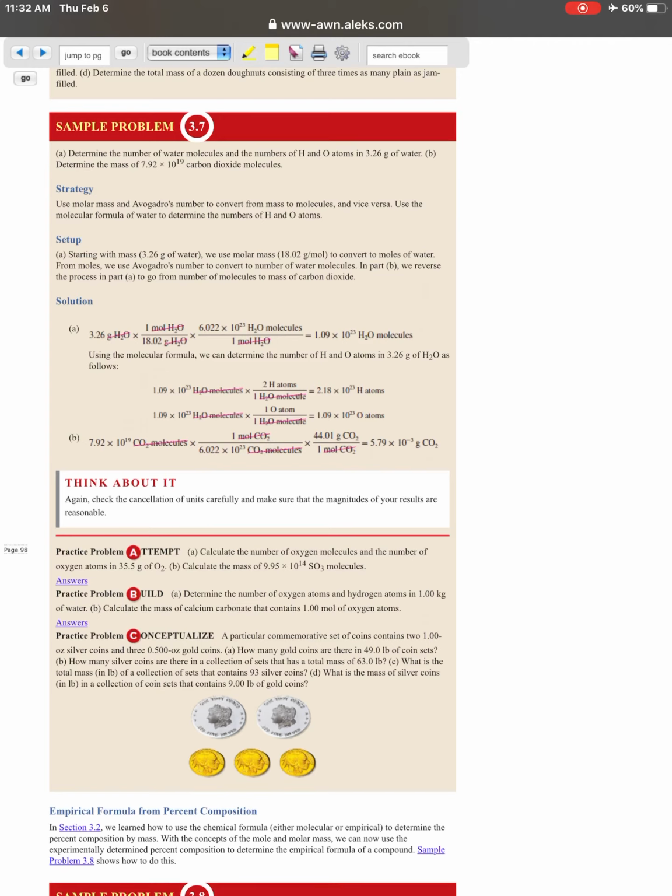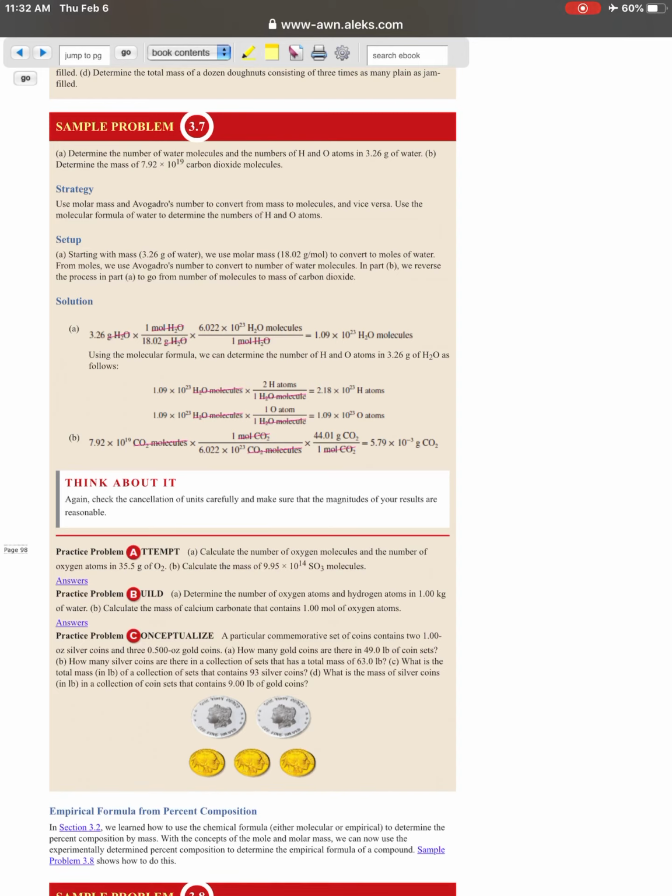Number of water molecules. Okay, so you're going to find the number of water molecules. And, pay attention to that, and means you're going to do another calculation even after that. You're going to find the number of hydrogen atoms, and you're going to find the number of oxygen atoms in 3.26 grams of water. So the number you're going to use to start this calculation off is shown at the end.